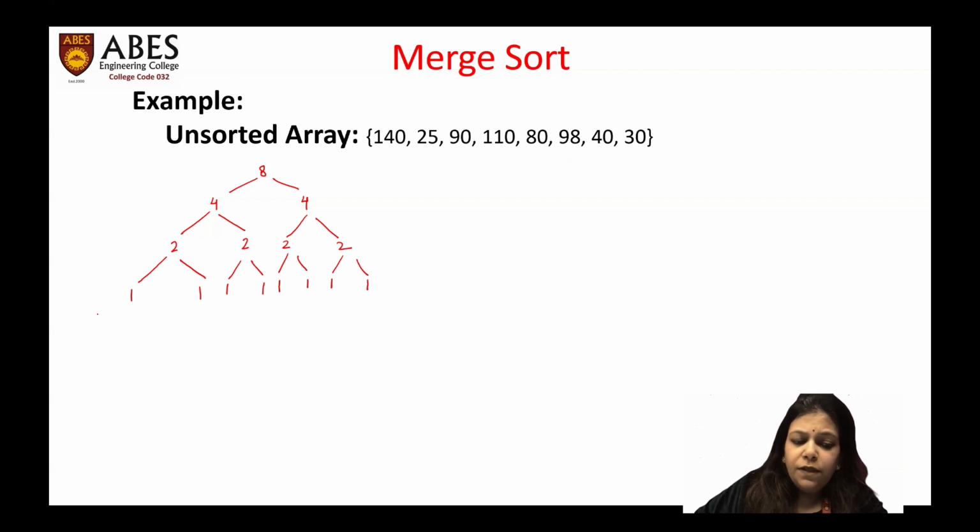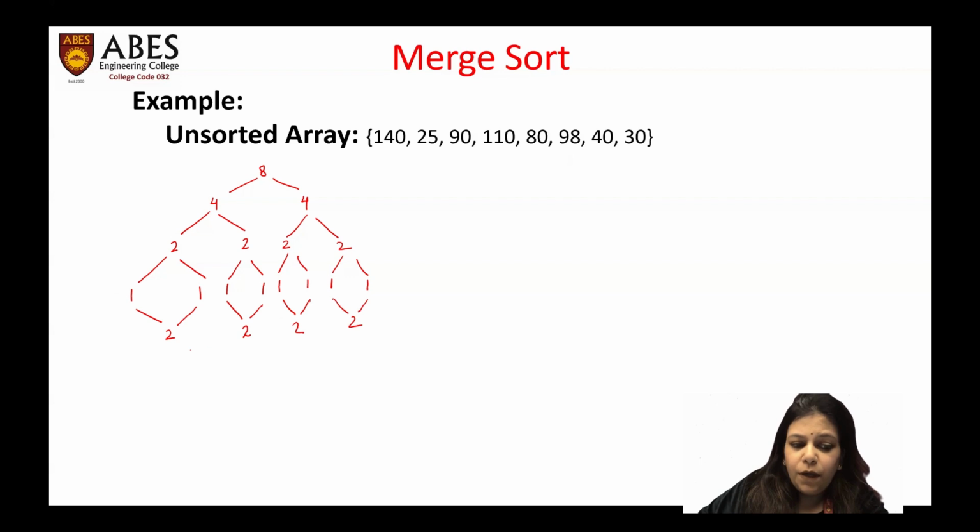And then we will start conquering. That is, we will merge these two arrays such that the resultant array is sorted. Again, we will merge these two elements such that the resultant array is sorted, and so on.